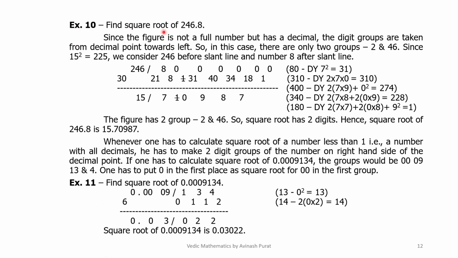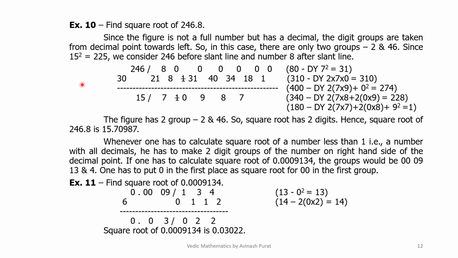Example 10. Find square root of 246.8. Since the figure is not a full number but has a decimal, these digit groups are taken from decimal point towards left. So in this case there are only two groups, 2 and 46. Since 15 square equals 225, we consider 246 before slant line and number 8 after slant line.